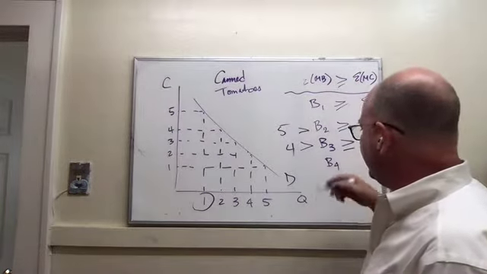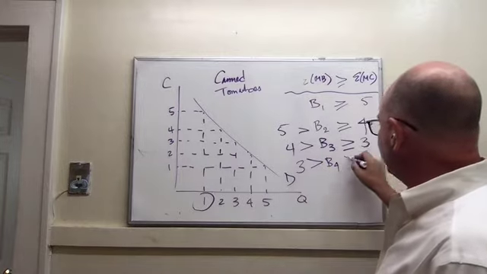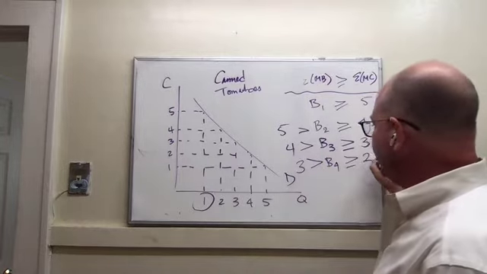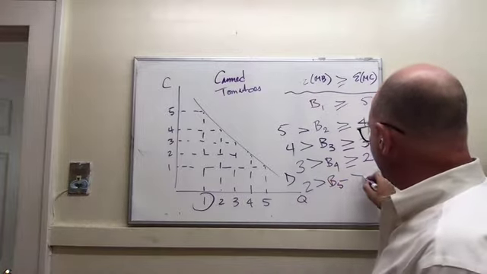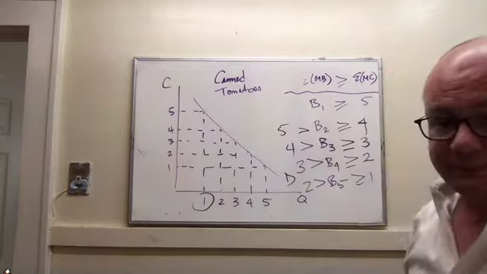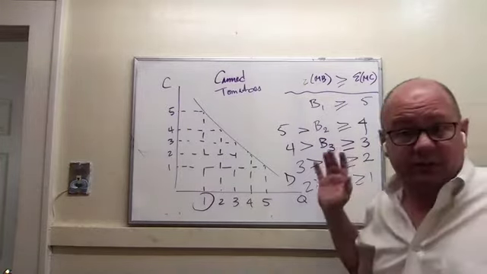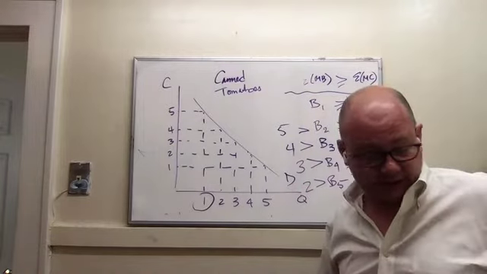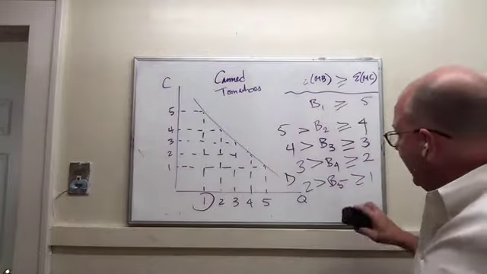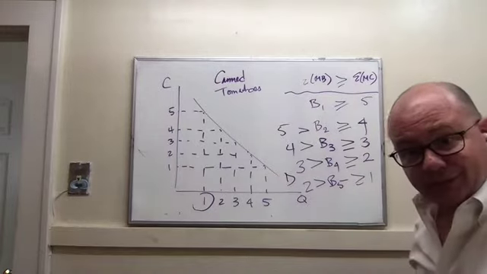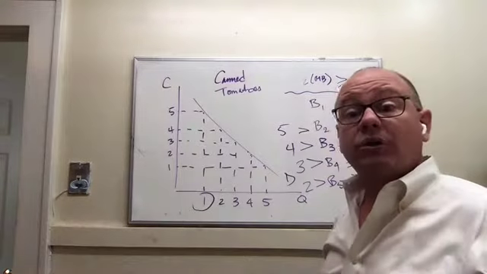And the benefit of the fourth, by the same logic, has to be less than 3 and greater than or equal to 2. And the benefit of the fifth can has to be less than 2 and greater than or equal to 1. Again, this is definitely not something to memorize, the numbers, because the numbers are going to be irrelevant to us. But the key is that from this, we can figure out what a demand schedule is. A demand schedule gives us all of the marginal benefits.